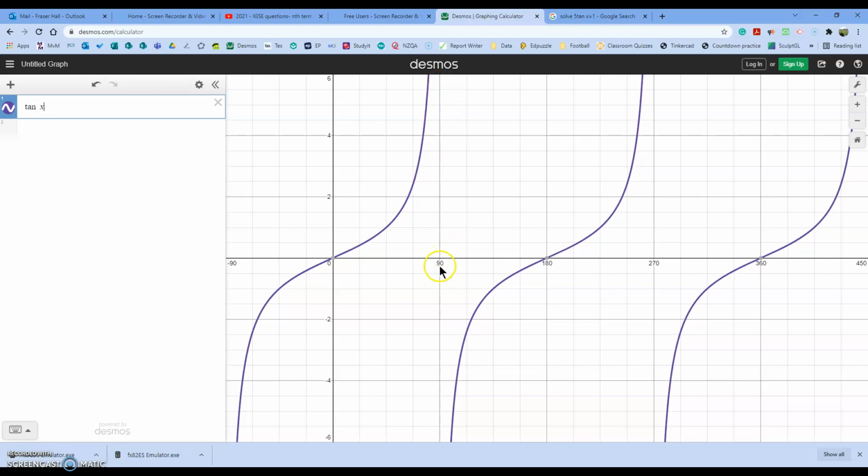So there's no value for 90. But as it gets closer to 90, it goes into positive infinity, and then beyond 90, it starts from negative infinity, all the way up to 180, back to 0, and then there's a point of inflection, and then it goes back up there with another asymptote at 270, all the way to 360.